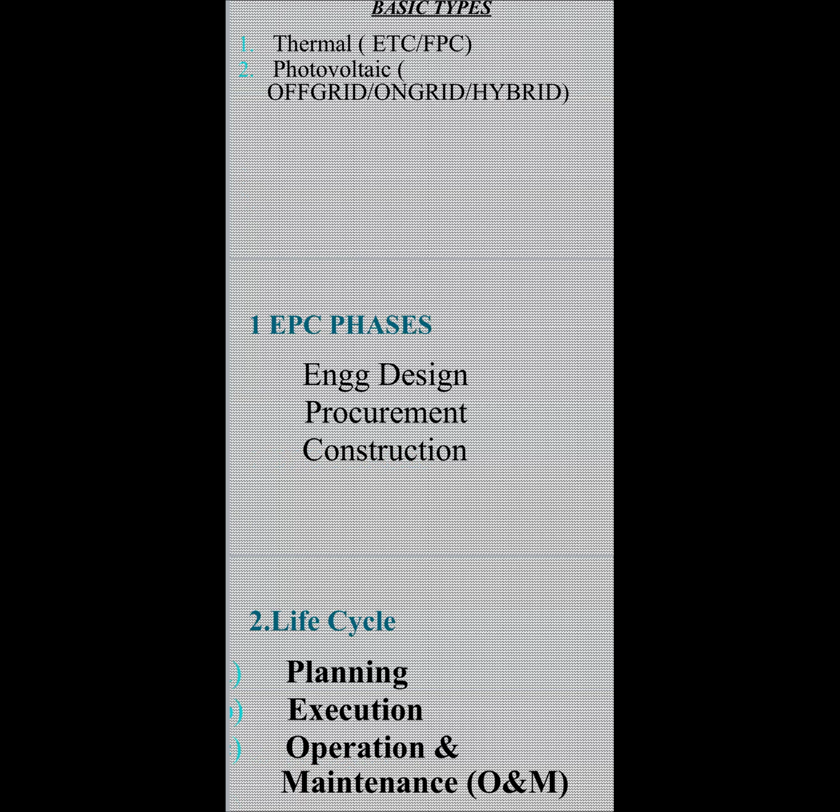So now coming to the EPC design, EPC phases, there are 3 phases. The first one is engineering design, the second one is procurement, and the third one is construction. There is a saying that whatever savings you have to do in the project has to be in the first step of designing.